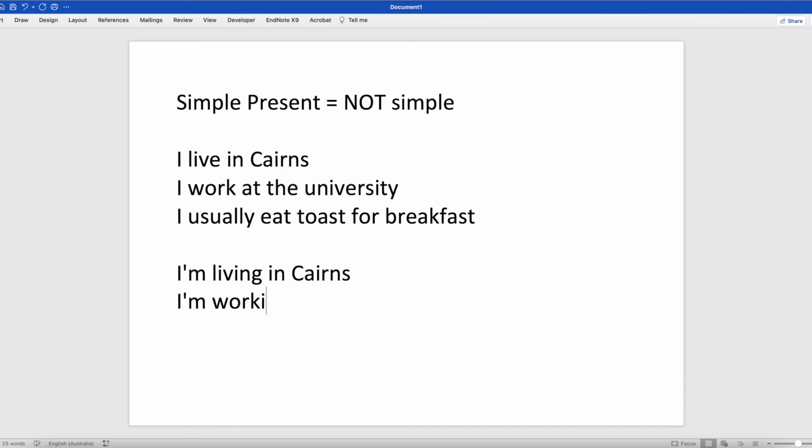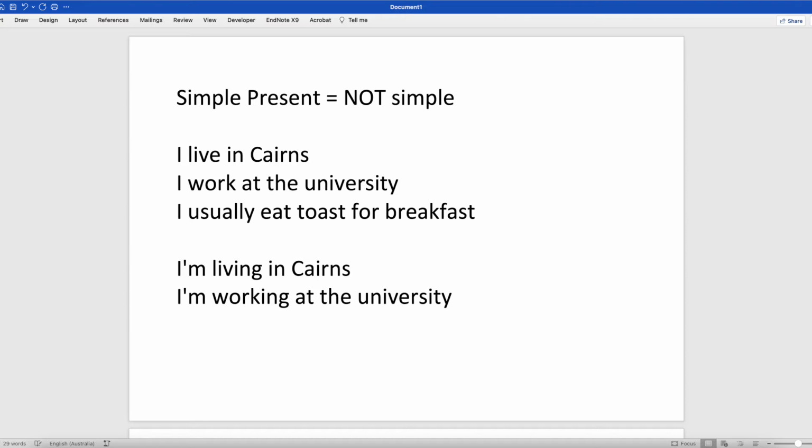I'm working at the university and I'm eating toast. So Unit 1 is the simple present. I live in Cairns. Unit 2 is the present continuous or the present progressive tense. I'm living in Cairns.